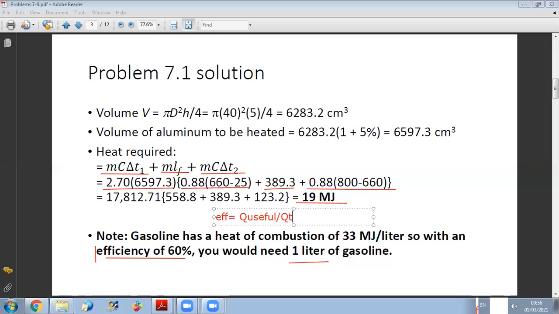So here, for example, what is the useful heat I should supply? The useful heat is 19 megajoule. So since I know the value of useful heat, and I know that my efficiency is 60%, 0.6, I should provide in total 33 megajoule. And this 33 megajoule is produced by 1 liter of gasoline.